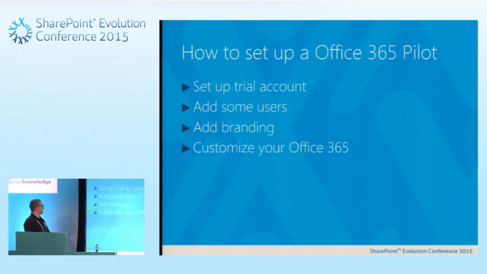And then, when I do this for my customers, I usually like to add some branding, so it can be something they can familiarize with themselves, maybe add their company logo or something like that. And of course, customize your Office 365 tenant so it will look like it's your company and not the normal Office 365 look.